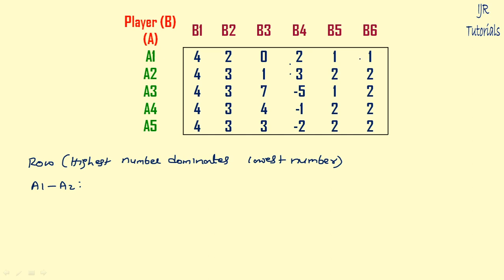And the last numbers: 1 and 2, where 2 is dominating 1. If you see all 6 numbers, A2 is dominating A1. So we can say that A2 is dominating the A1 row, and simply we can delete the A1 row.